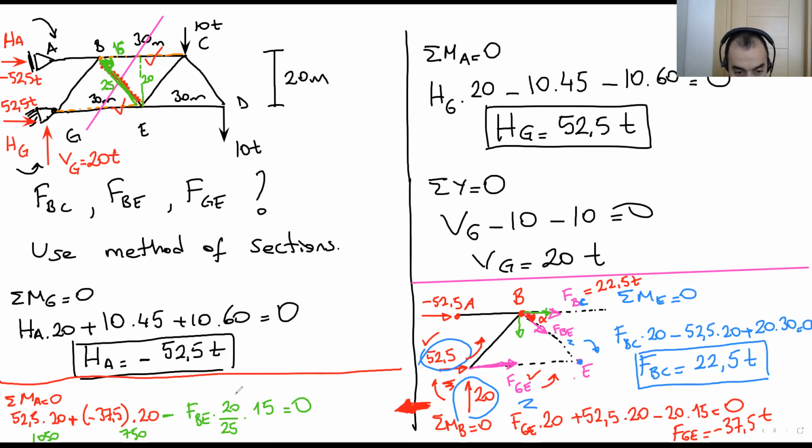Here is 12. Okay. Okay, FBE is 25. Let me check again. Yes. From here, you can see FBE is 25 ton.